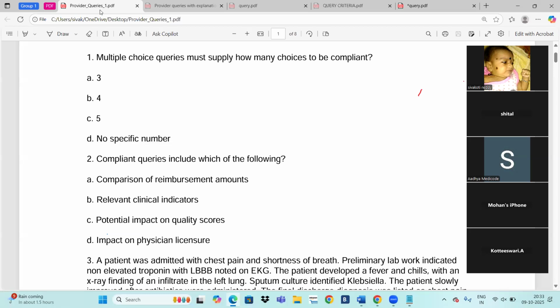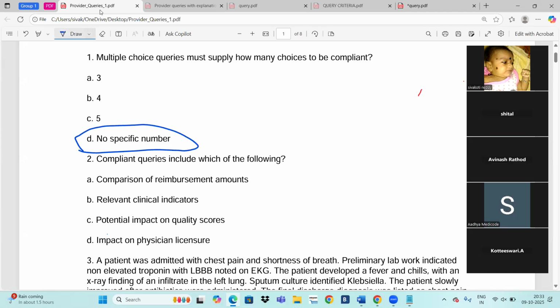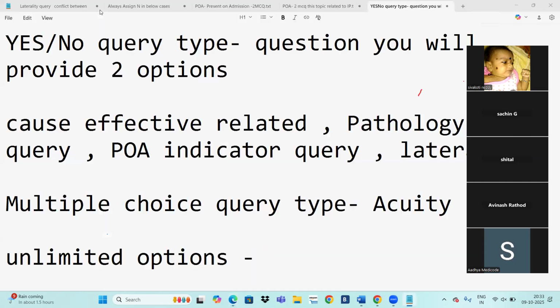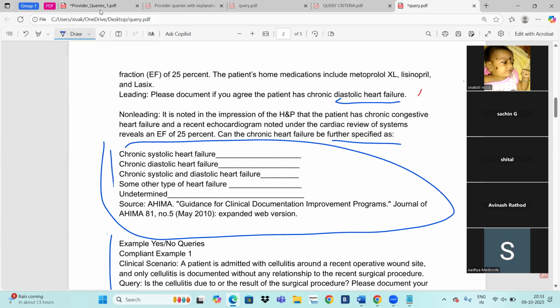D. So while we are raising a multiple choice, there is no limit. There is no specific number. We can provide any number of options, like 4 or 5 or 3. You can give unlimited options, depending on the query opportunity.